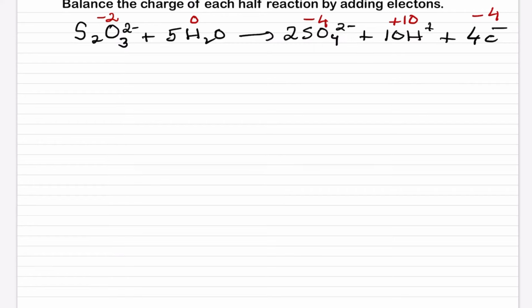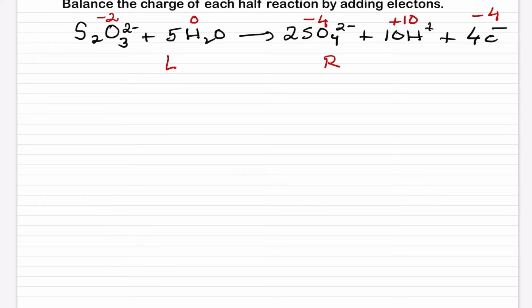Now we have to count the total charge on the left side and right side to see if the charge is equal, and balance the charge by adding electrons. So let's count the left side. What's the charge?